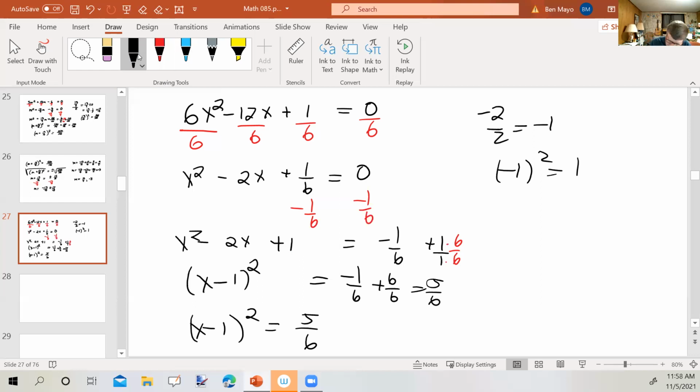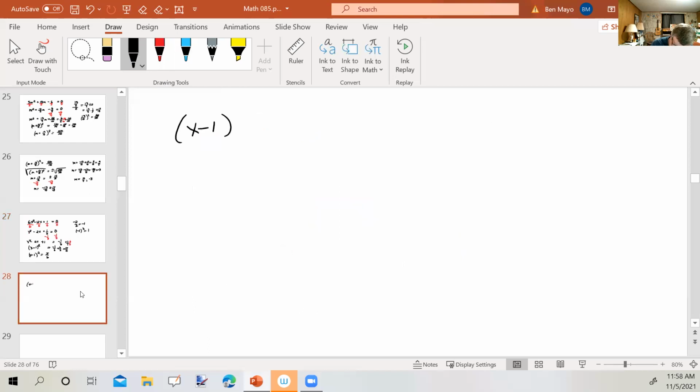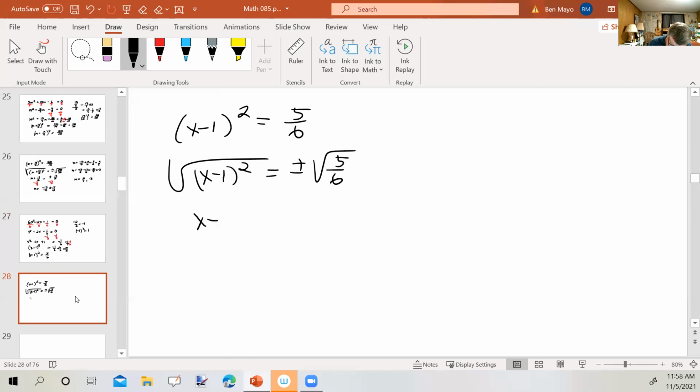Okay, I'm going to take that and copy it on the next page. x minus 1 squared equals 5/6. Take the square root of both sides of the equation. Don't forget the plus or minus. I get x minus 1 equals plus or minus the square root of 5/6.